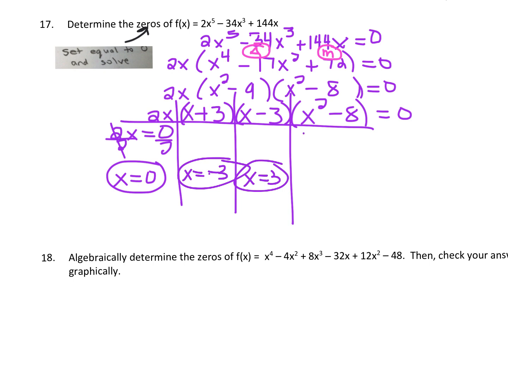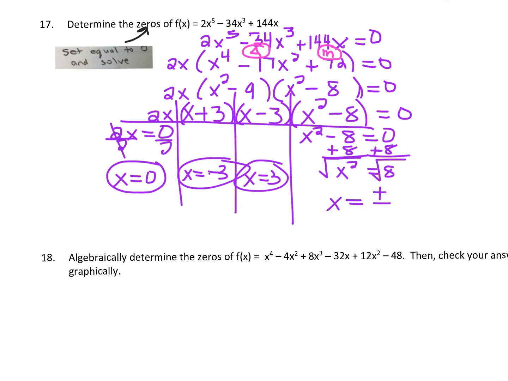Okay, so those are our next 2 zeros. And then over here, I'm going to take this equation and set it equal to 0 and solve. So to solve, I'm going to add 8 to both sides of the equation, which leaves me with x squared equals 8. Now, this squared tells us that we could have up to 2 answers over here. So when I take the square root, I get x equals positive and negative, right?